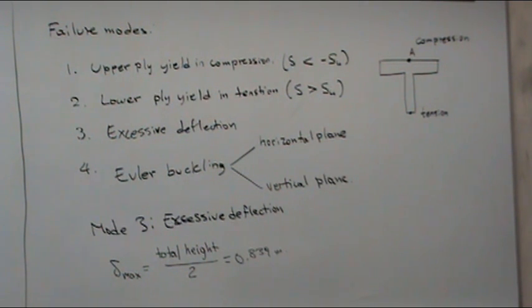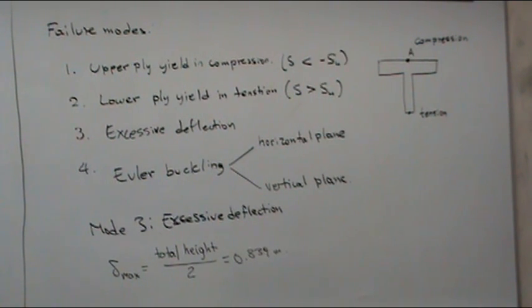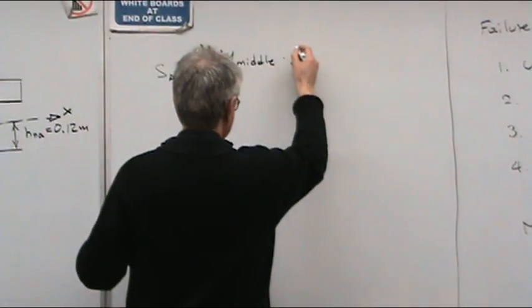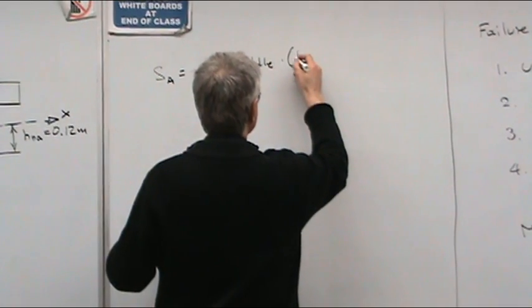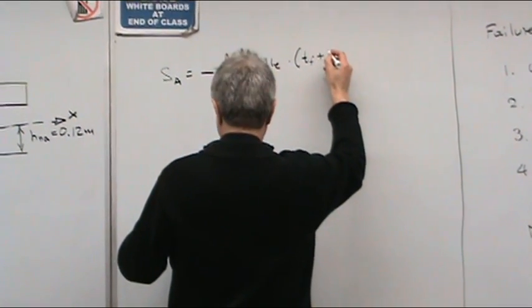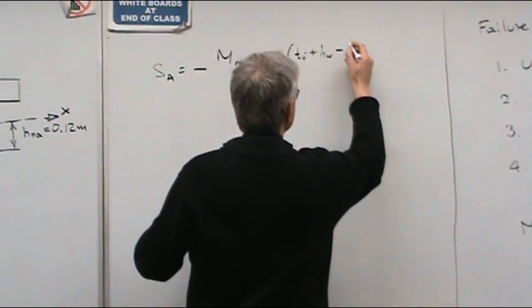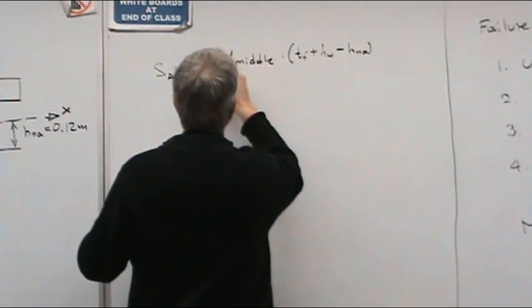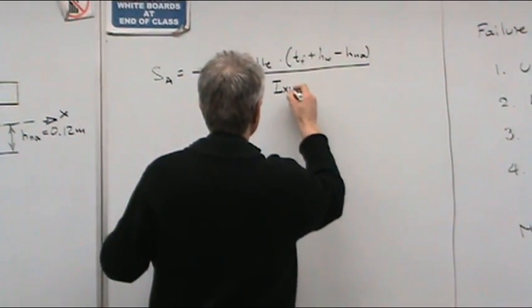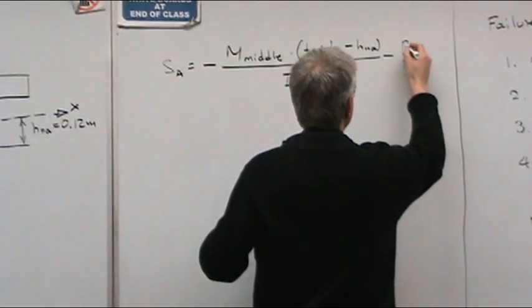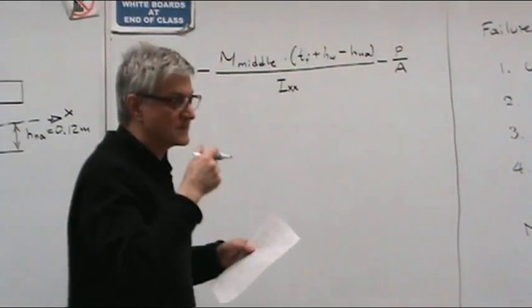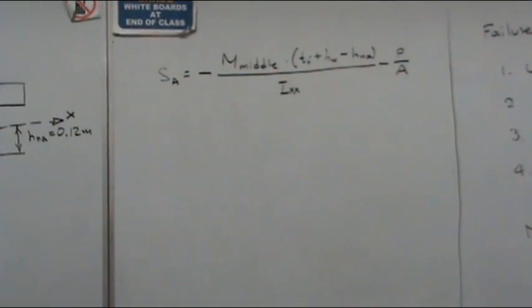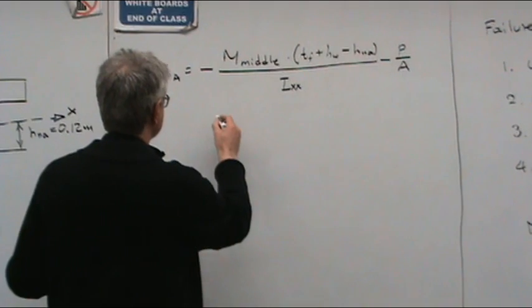So SA, the stress at the upper part, which is compressive, is minus the moment in the middle, times the distance from the neutral axis, divided by the moment of inertia, and then you have to add the effect of the compressive stress because of the compressive force. So this is a compressive stress.